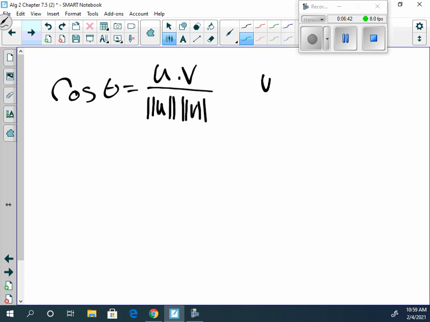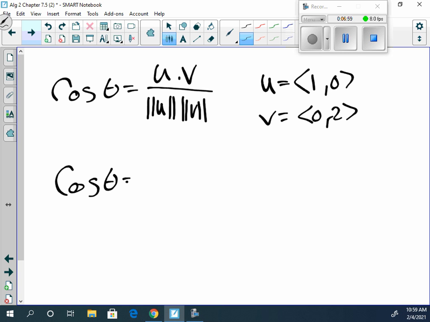So if we're given u, you're good? So negative 2. We can do this here. Now cosine of theta is going to equal u dot v, which is 1 times 0 plus 0 times negative 2.